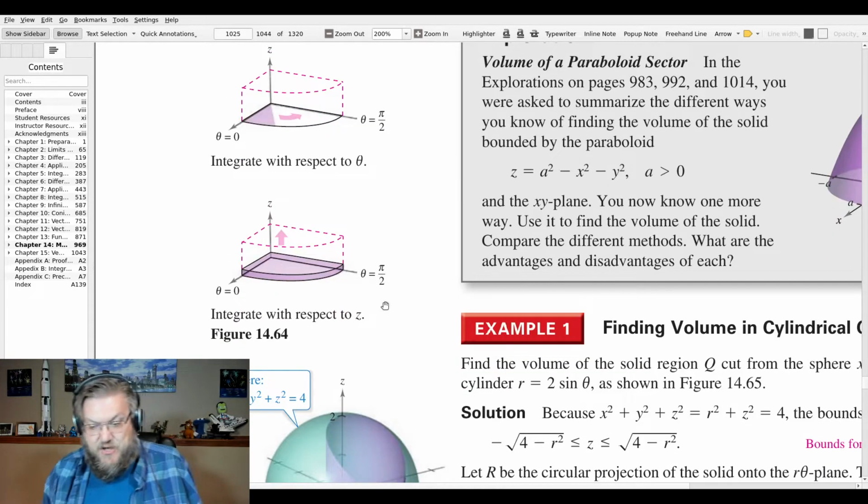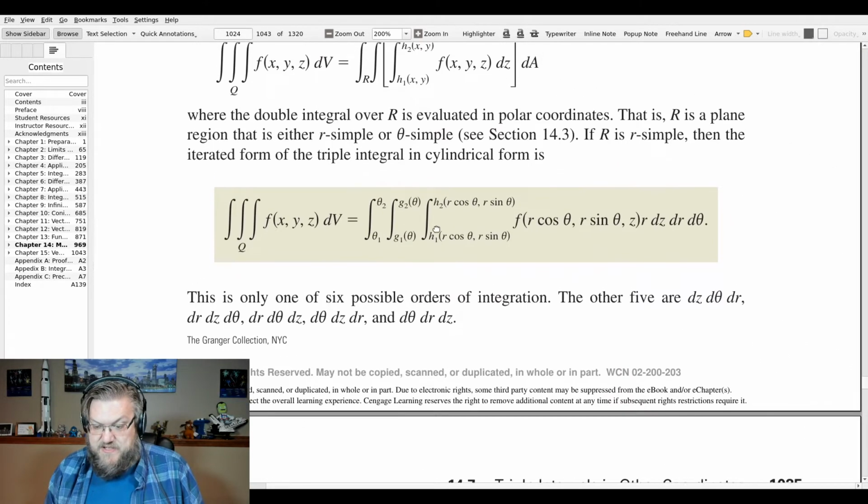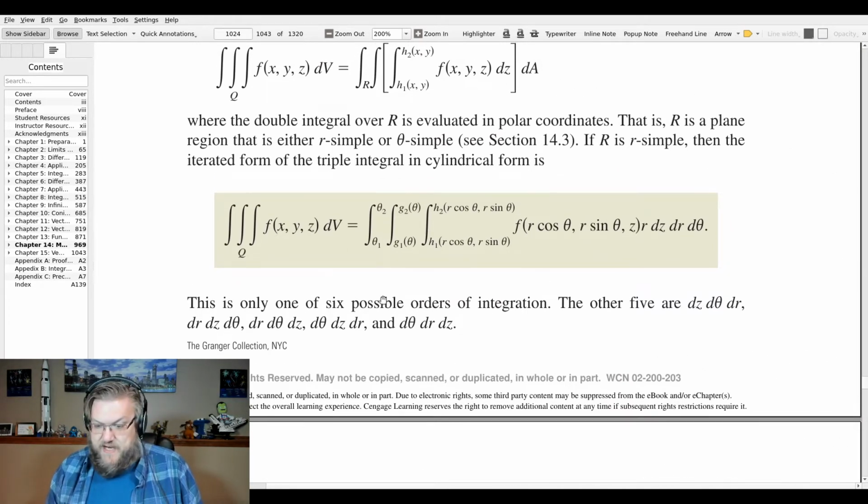So bottom line, all we have to remember is that when we change to cylindrical, this formula looks really complicated, but all it's saying is if you have a triple integral in terms of x, y, and z, dV, it can be unpacked as x equals r cosine theta, y equals r sine theta, and z. And remember, the polar gives you an r.